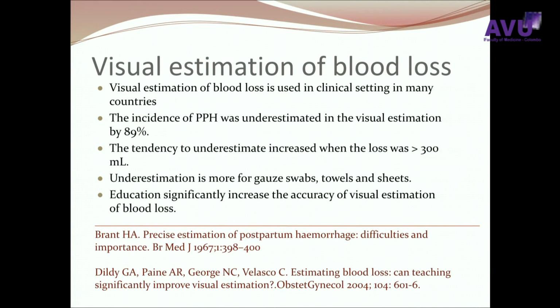Visual estimation underestimates blood loss, as was mentioned previously, and this tendency is greater when the blood loss has been over 300 milliliters. And this is more for gauze swabs and towels and sheets. And it has been shown training and education on the estimation of blood loss will increase the accuracy of visual estimation of blood loss.